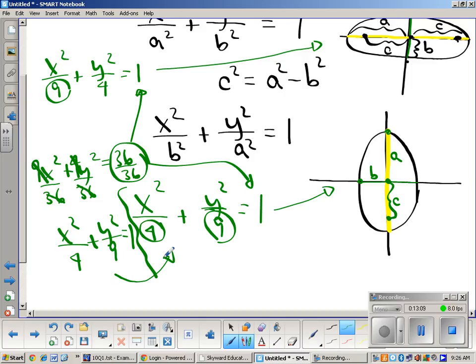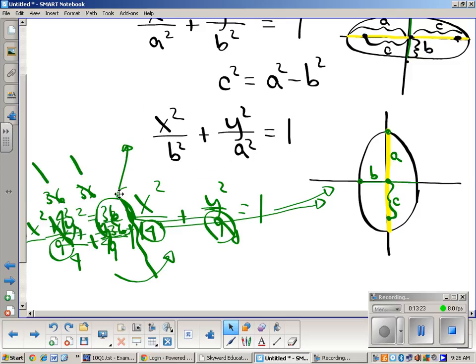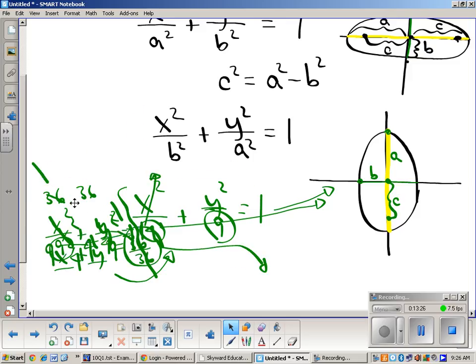Any other questions? I'm going to erase this, clean this up just a little bit.